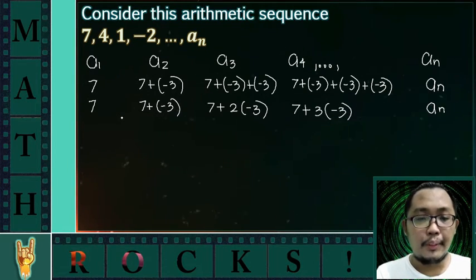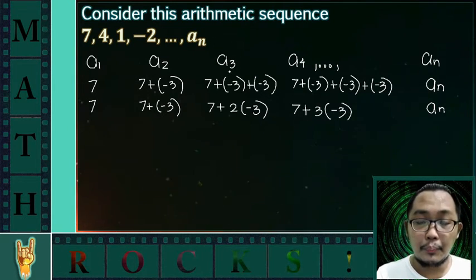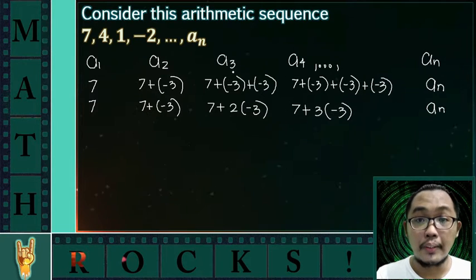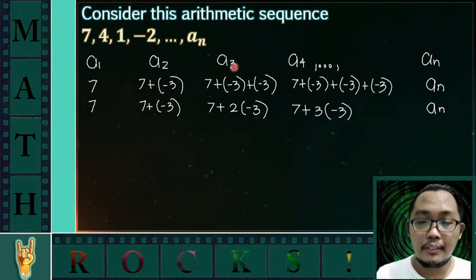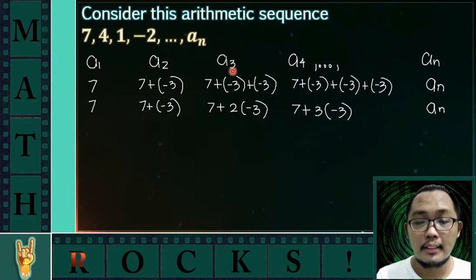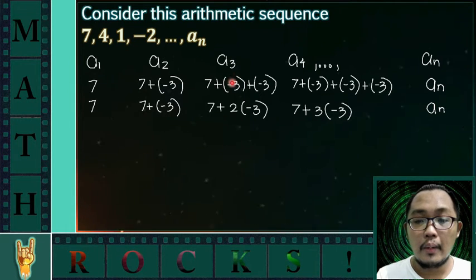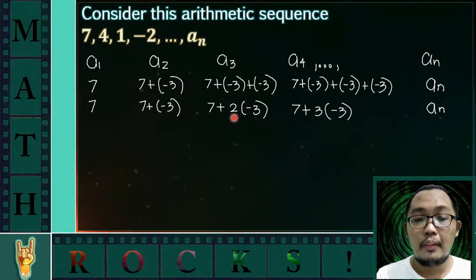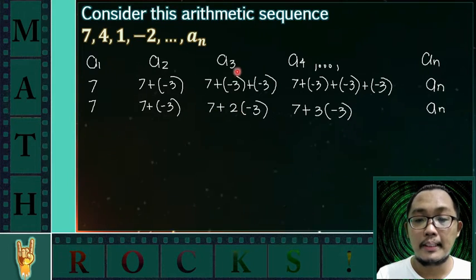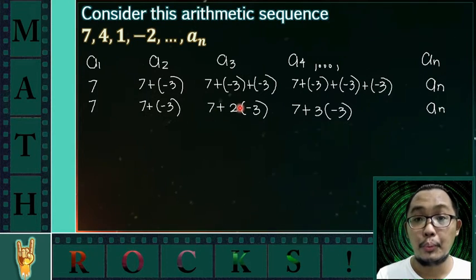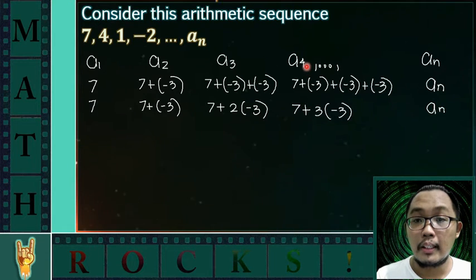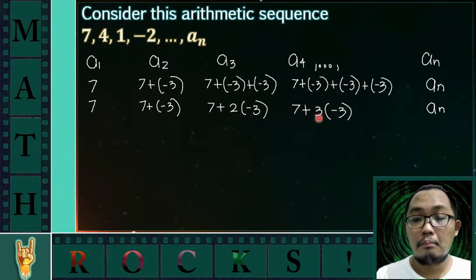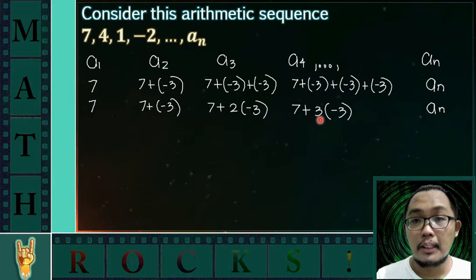At this point, I would like you to focus on the subscripts. If we focus on this subscript 3, you may notice a certain pattern with this number here, which is positive 2. You may also notice that the same pattern applies to this subscript and this particular number 3.